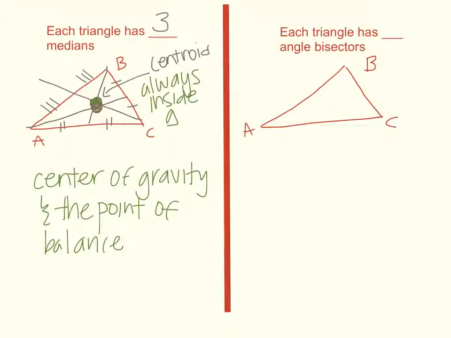When we talk about angle bisectors, same thing. Each triangle has 3 angle bisectors. So if I draw them as best as I can, the point where all of the angle bisectors meet is called the incenter.